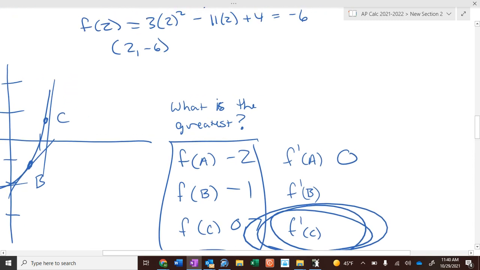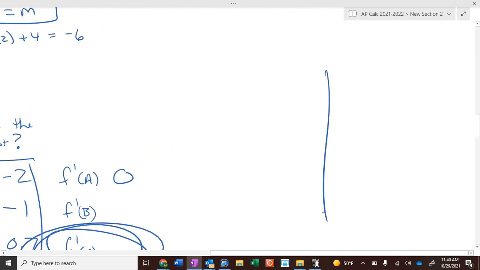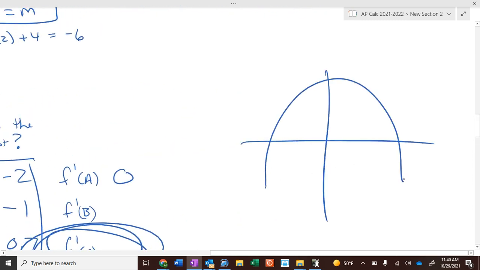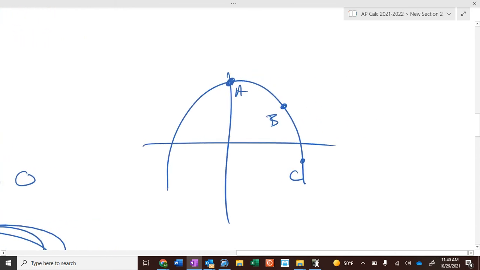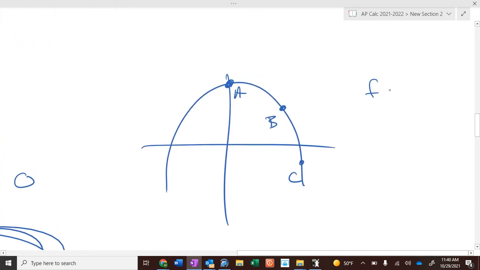Okay, so Anna, let's do this. A, B, C. F of A, F of B, F of C. First derivative at A, first derivative at B, first derivative at C. F of A is like 2, right?